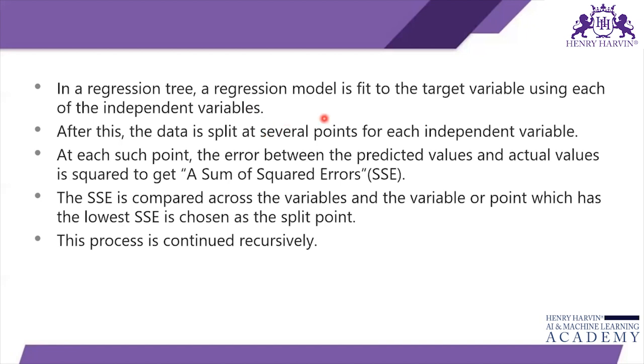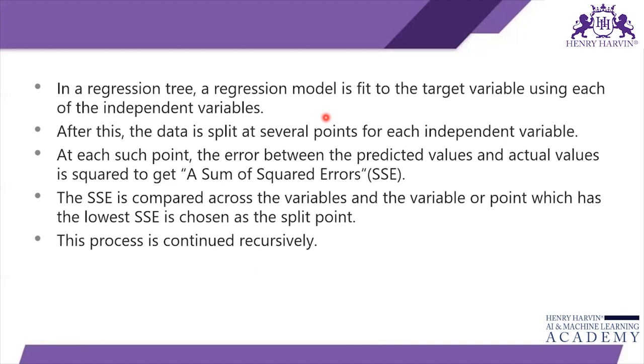So basically, in regression trees, a regression model is fit on a target variable. We have a range of target values which depend on the independent variables that we give. After that, we split up the data at several points for each independent variable.